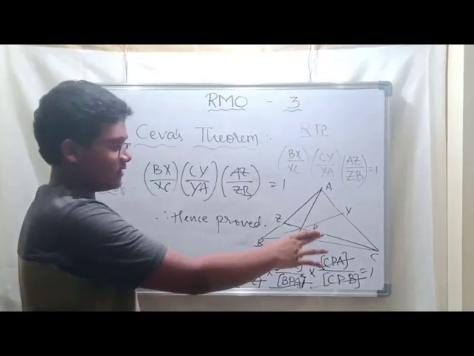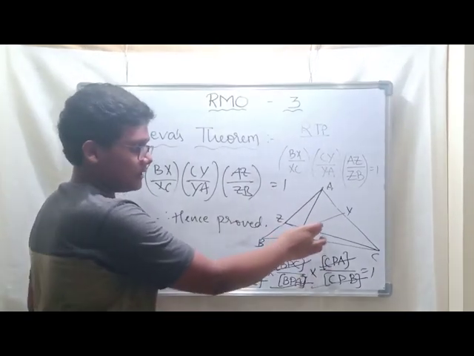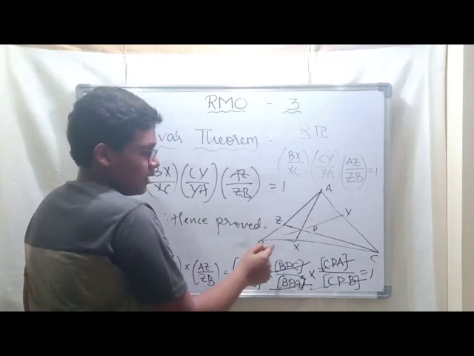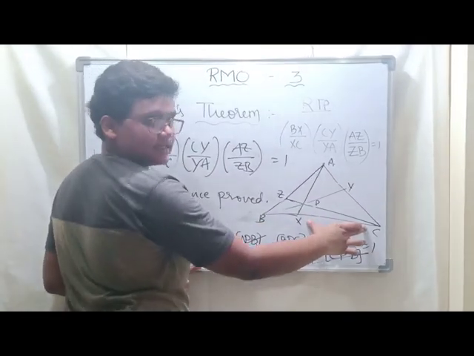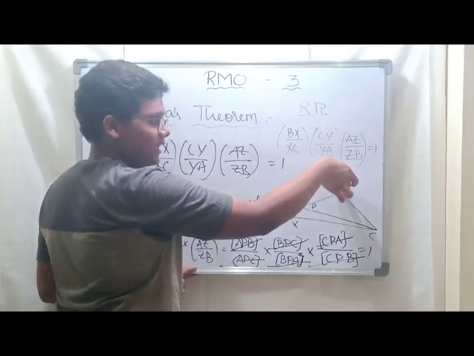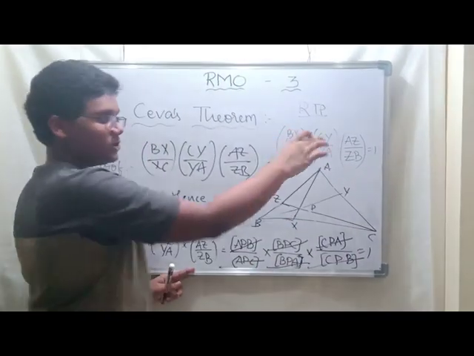We took 3 cevians, they are concurrent at point P. Then we need to prove BX by XC into CY by YA into AZ by ZB is equal to 1.